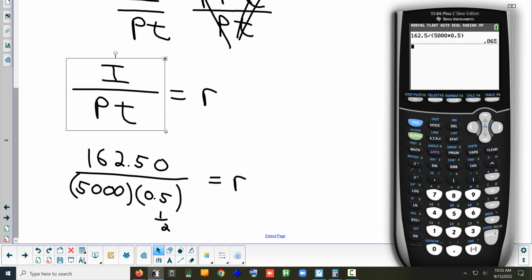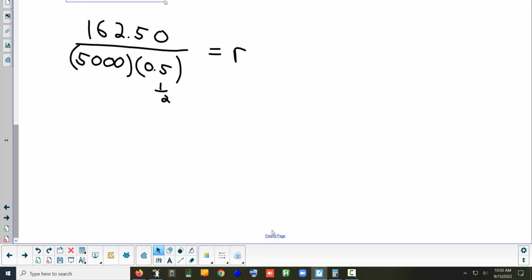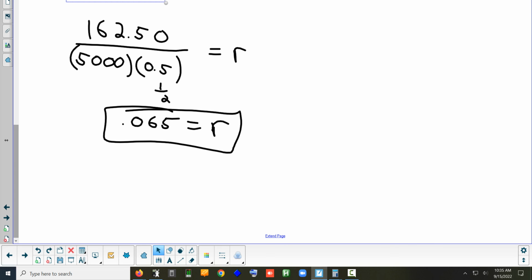And that gives me an interest rate of 0.065. And that's how you leave the answer as a decimal. Sometimes when you see interest rates, they write it as a percent. That would be the same as 6.5%.